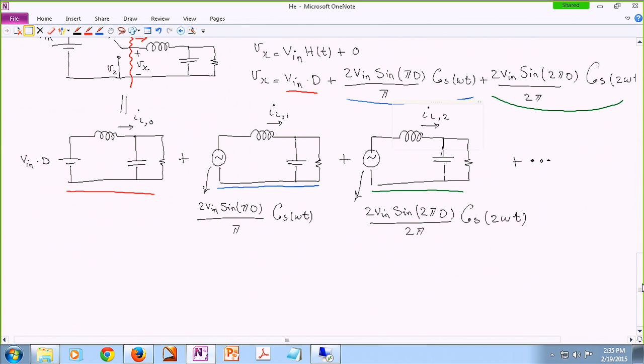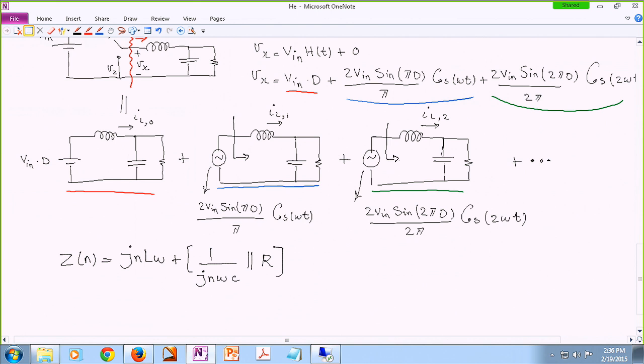So I'm just going to define an impedance, which is dependent on what harmonic I'm trying to study, counting the order of the harmonic. So this is basically nothing but this impedance, described in a very general form of N.